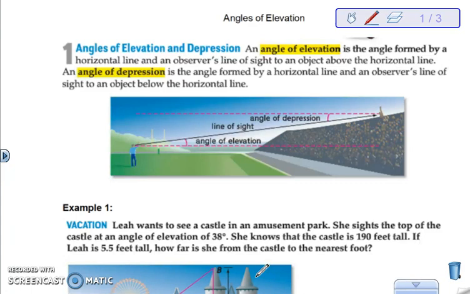Of course, there's a little bit of vocabulary that we need to be familiar with. Those two terms are angle of elevation and angle of depression. So if you look at the diagram, we see the guy looking into the crowd. We see the angle of elevation marked here.